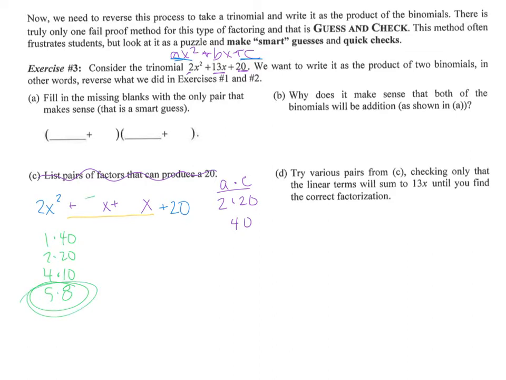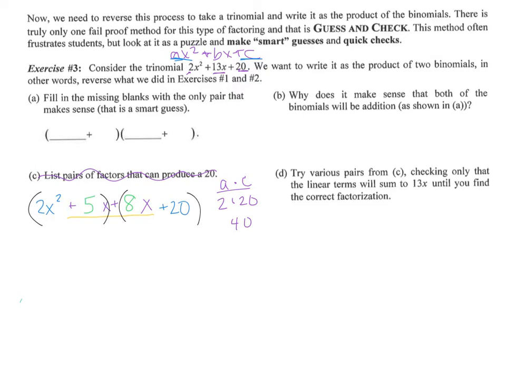So you want to put the smaller term first and the bigger term second. Now we have undone what we did on the previous problem. I have 2x squared plus 5x plus 8x plus 20. I'm going to erase these down here so we have more room. And now we have two binomials that I can find the greatest common factor of.